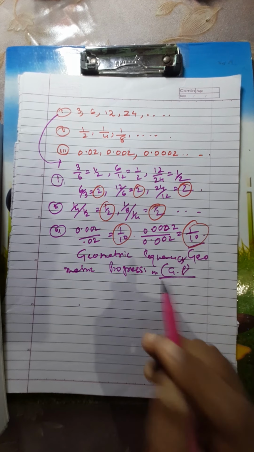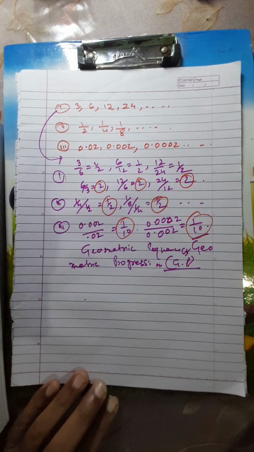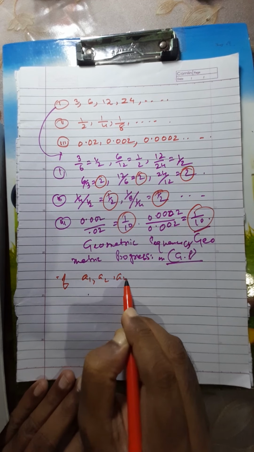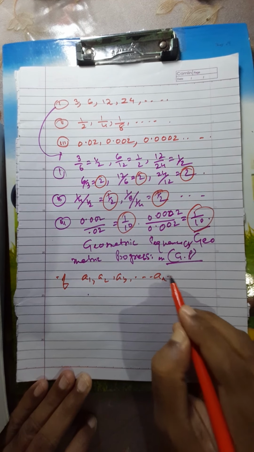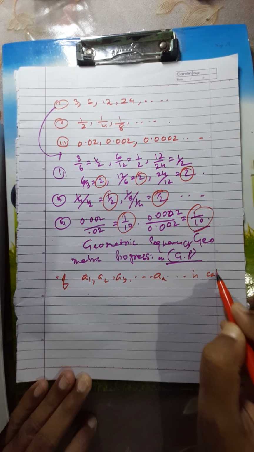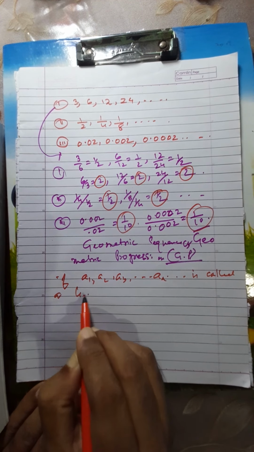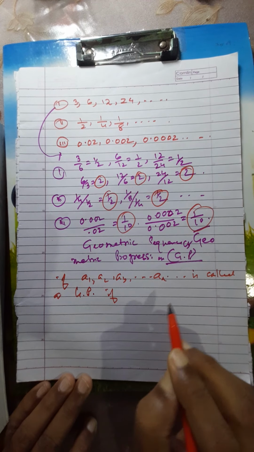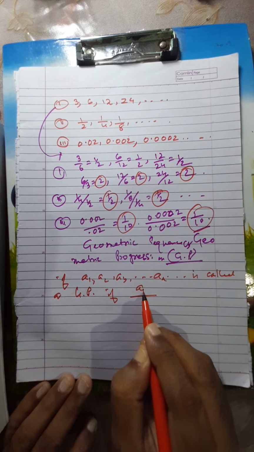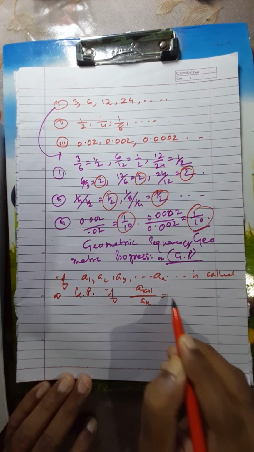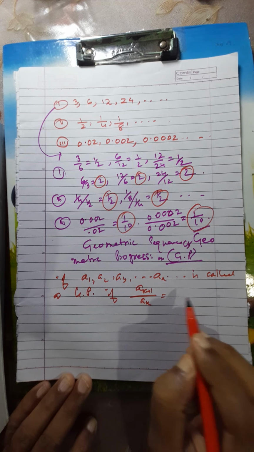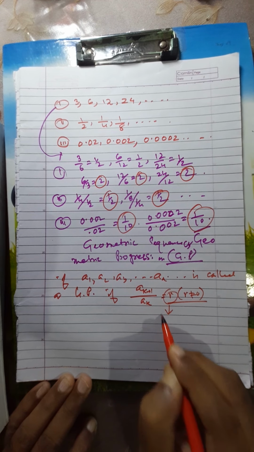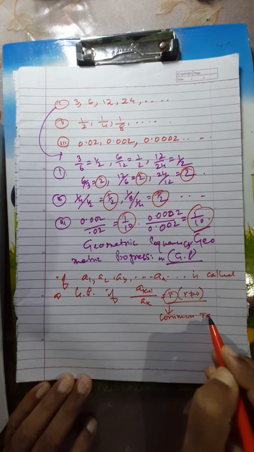That means if a1, a2, a3, dot dot dot an is called a GP if a(k+1) by ak, the ratio of consecutive terms, is equal to r, not equal to 0. Okay, this is known as common ratio.